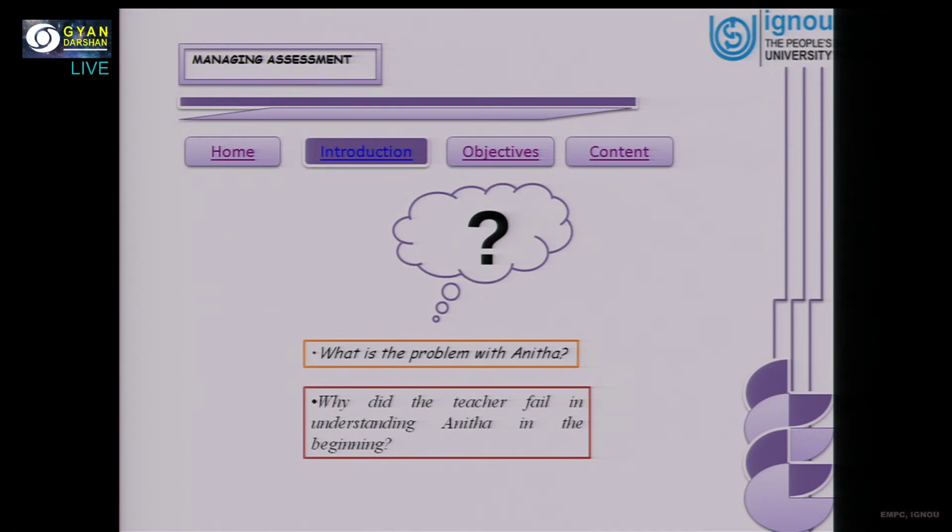What is happening here is that the teacher fails to understand the progress of the student in the beginning. When did she understand? We can say that she understood when the group activity was given, at a later stage. What is the problem with Anita in this case? In such a case, we can think that the problem is with language development.